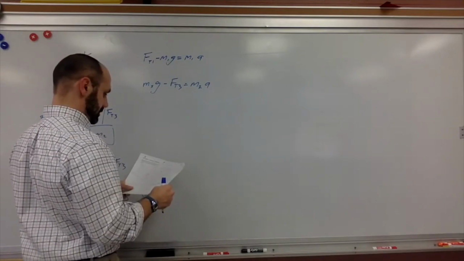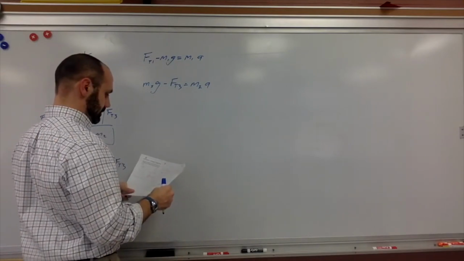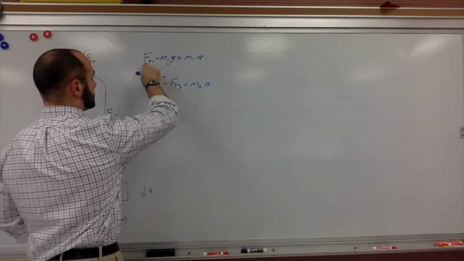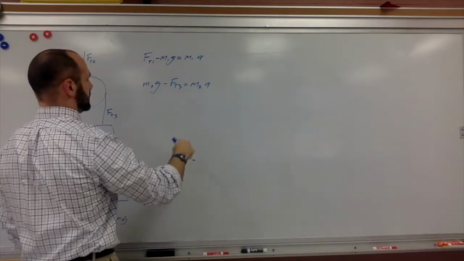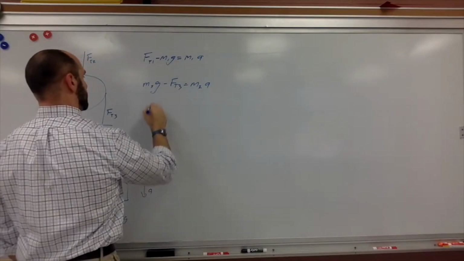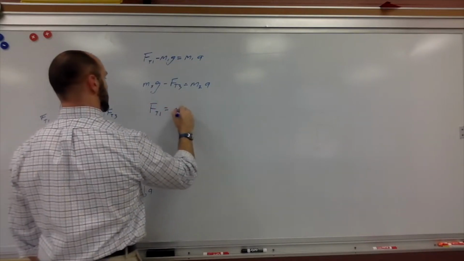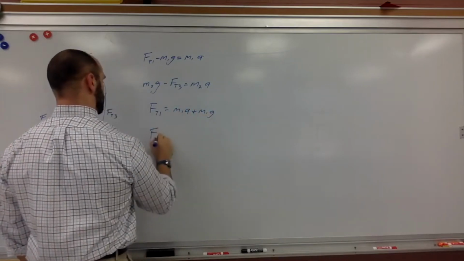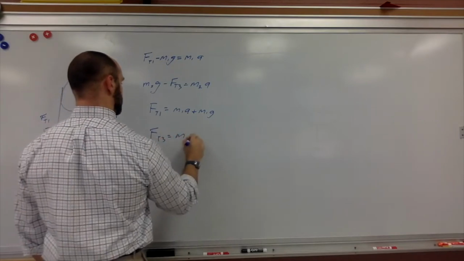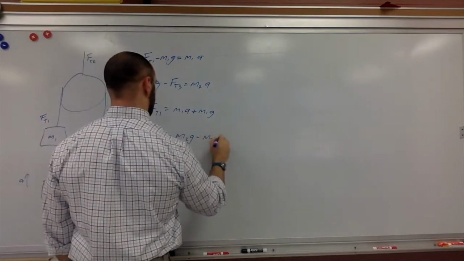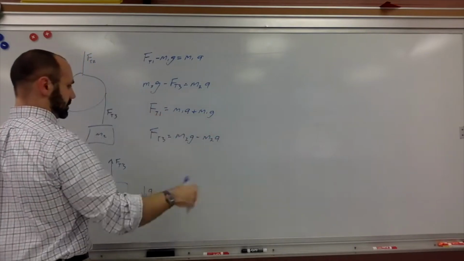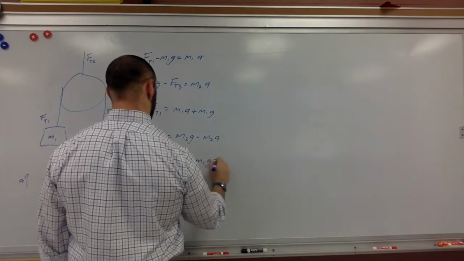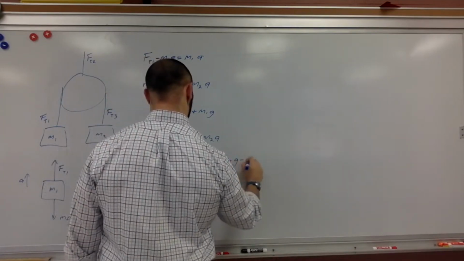Well, I know that ft1 and ft3 are the same. That's going to be the link here. So ft1 equals m1a plus m1g, and then ft3 is going to be m2g minus m2a. These two things are equal to each other, and so m1a plus m1g equals m2g minus m2a.